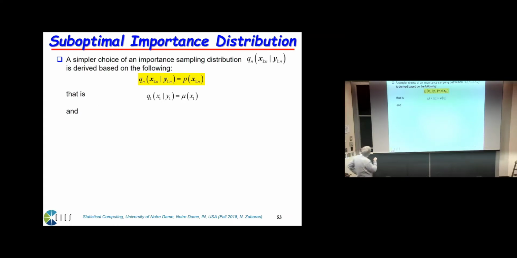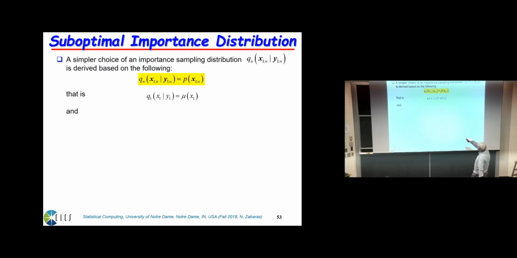This looks very weird because it says your proposal distribution does not contain any information from your measurements. So it doesn't matter what you measure. If it is nonlinear, linear measurements or whatever, the proposal distribution depends only on x's.